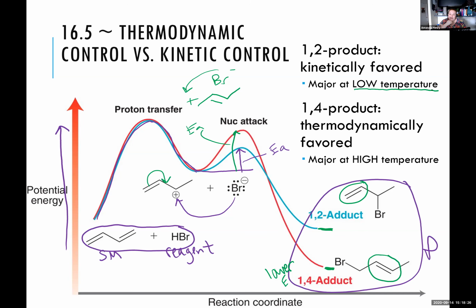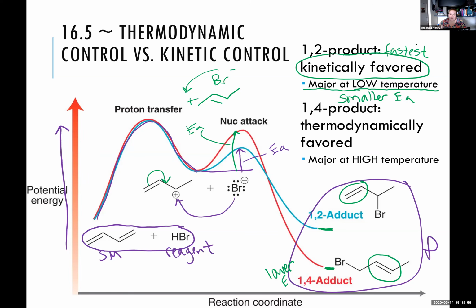So the only reaction that's going to form will be the one that forms the fastest, the one with the lowest activation energy, and that's going to be the 1,2 product. So the 1,2 product is the major at low temperatures because it has the smaller activation energy, and it's the one that's kinetically favored. So that's really just another way to say it forms the fastest.